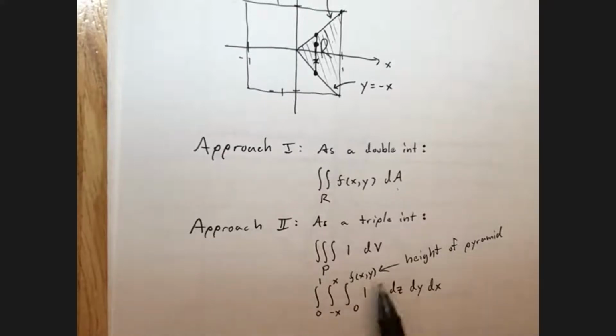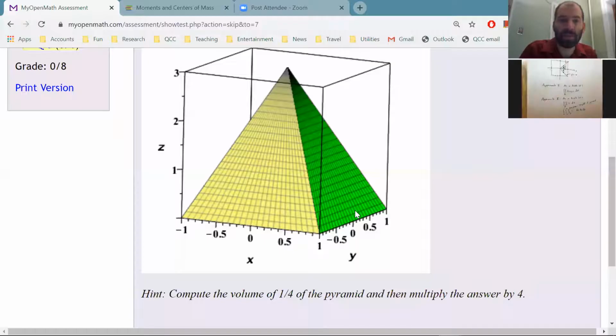How do you get the height of the pyramid? Well, if we look back at the pyramid, let me go back there. So we should be seeing my browser again. And if we look at the pyramid, we can see that above the region that I specified, above that triangular region, the pyramid is just, let's see, is it this surface or is it this one?